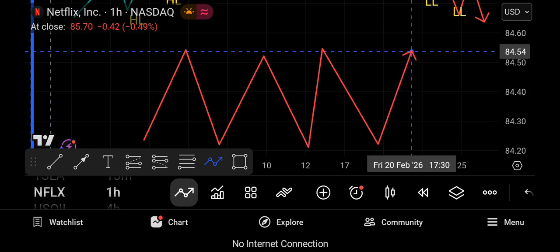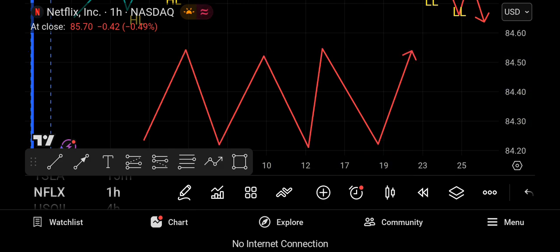Very equal. The market can only move in three ways, which is uptrend, downtrend, and sideways trend.